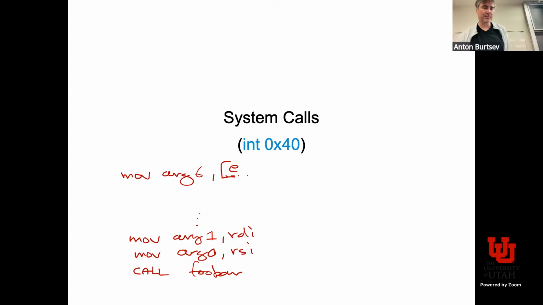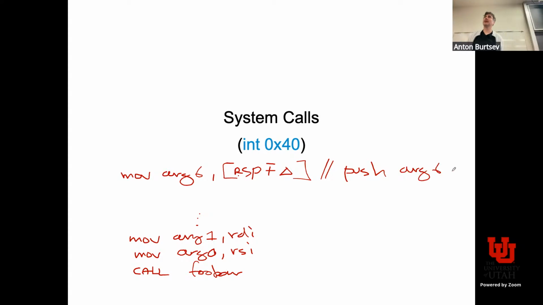I agree. So it will be something like, instead of a register here, RSP plus some delta, or maybe minus. Or alternatively, you can use a push instruction here. Agree with this?